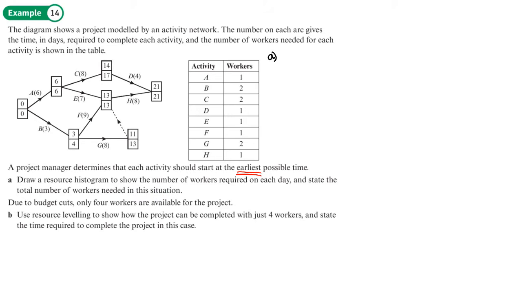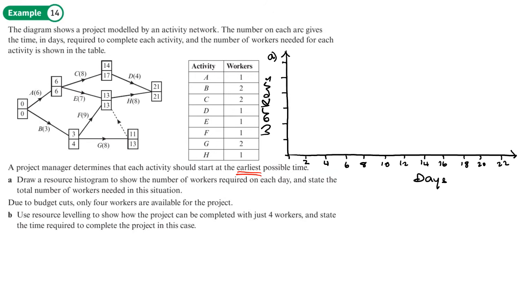Okay. So we'll start with our axis. Now I don't know what the total number of workers is going to be, so I'll just draw a scale that goes up here like this, and I can fill in the numbers in a moment, but I do know it's going to take 21 days, so I know how far to go on my horizontal axis. So first of all, we need to identify the critical activities so that we put those in first. So let's start by looking at what the critical events are.